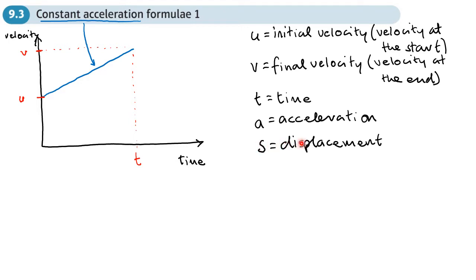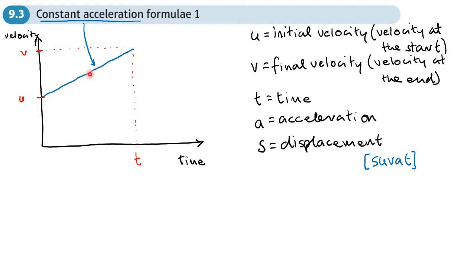So when we talk about displacement, we don't use d, we use s. Now these letters, if I rearrange them, look a bit like a word. SUVAT, SUVAT. So you'll quite often hear people talking about the SUVAT equations, and they're the equations that involve displacement, initial velocity, final velocity, acceleration, and time. So let's see what equations I can get from this graph.